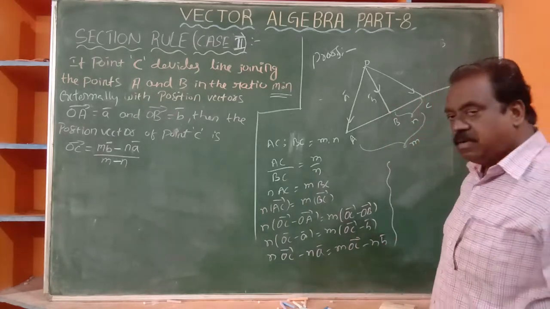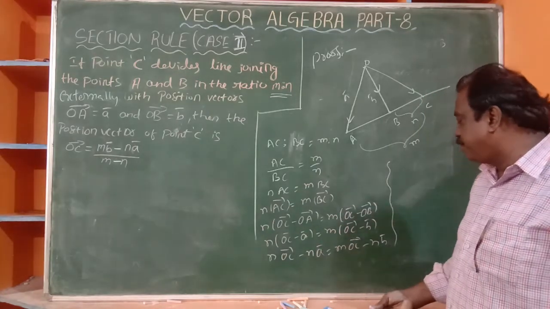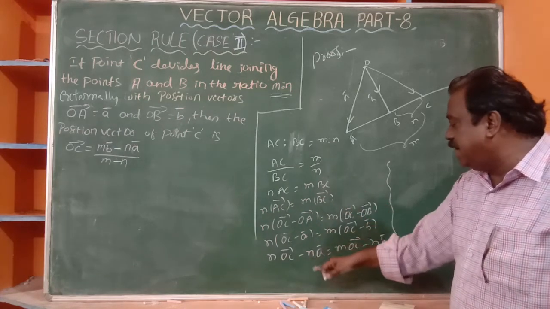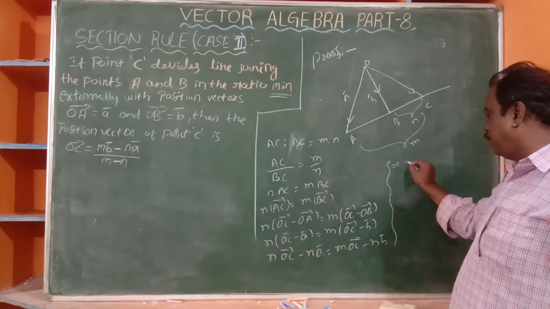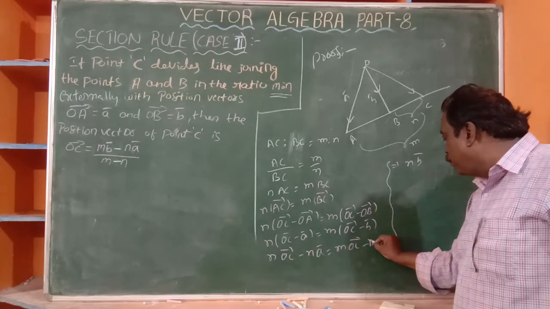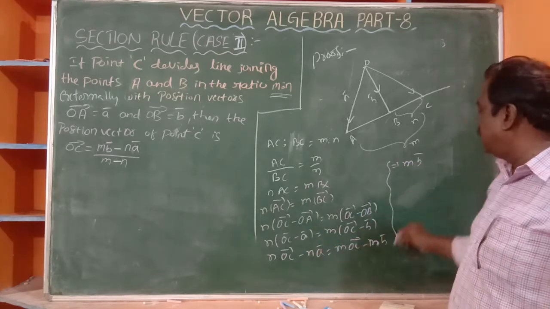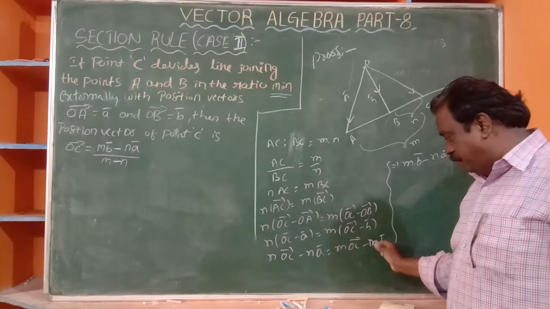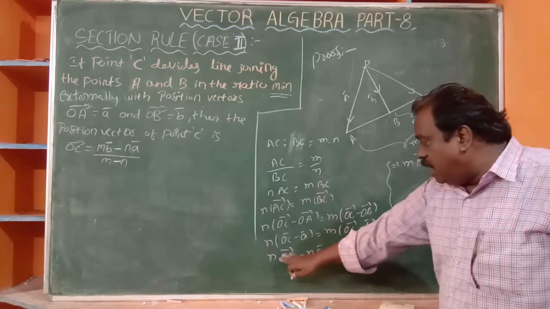Okay? Now I am sending M B bar to that side, and N OC bar to this side. M B bar to that side and minus N A bar is as it is. And this one to this side.